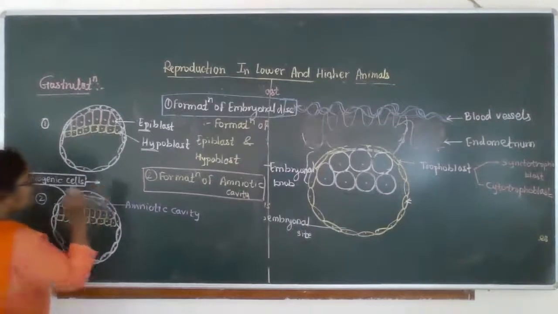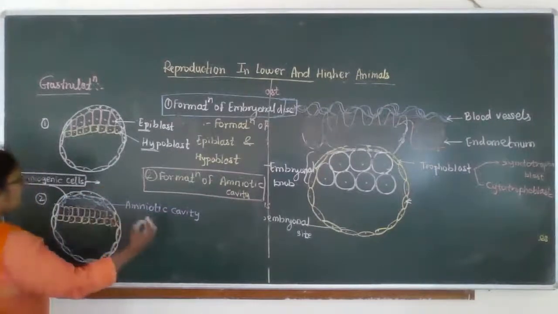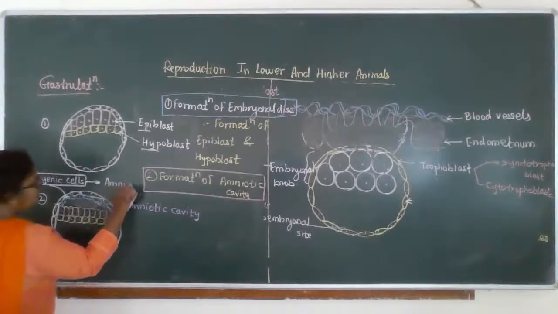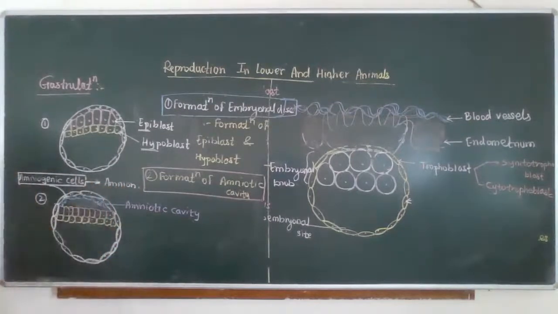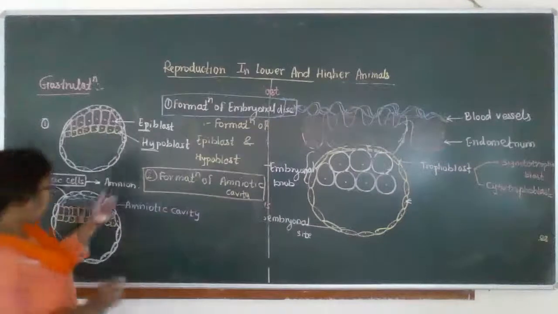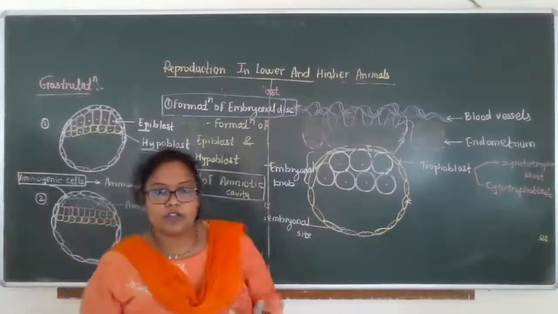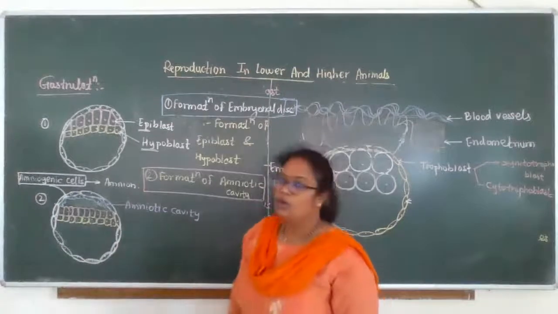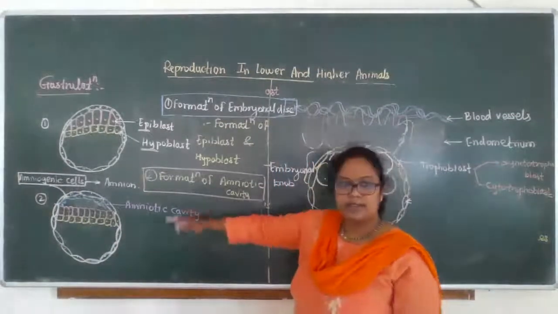It forms another membrane, an extra-embryonic membrane named the amnion, and this amnion is responsible for formation of amniotic fluid, and this amniotic fluid is necessary for the development of the embryo. Okay, यहाँ तक समझ में आया?